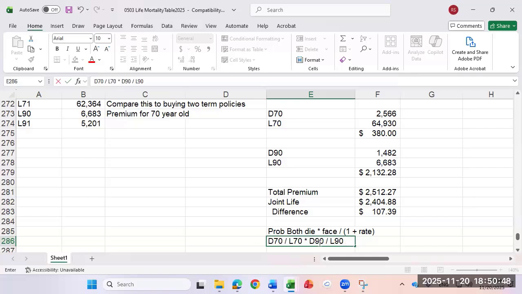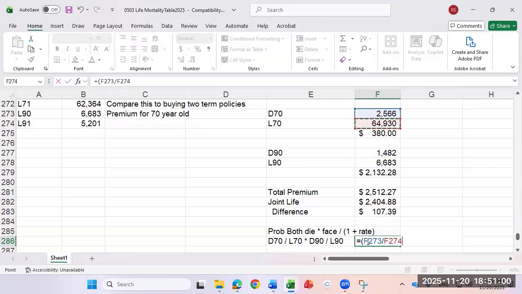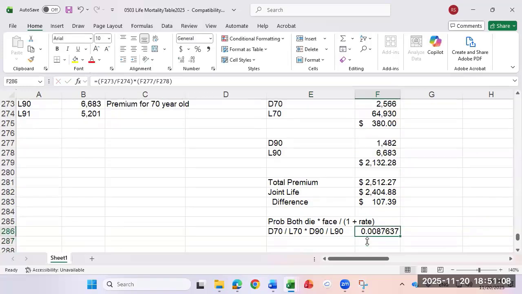That's probably they both die. In that case, they'll get an extra 10,000 bucks. So let's try that. It's the probability they both die, which is pretty low.